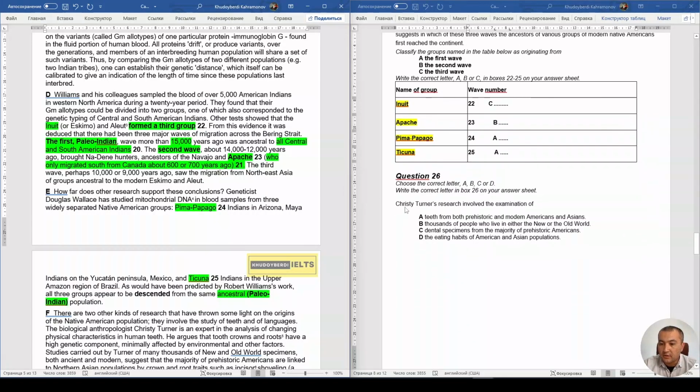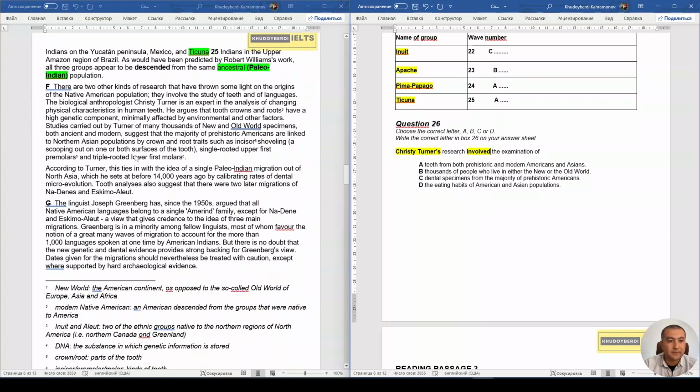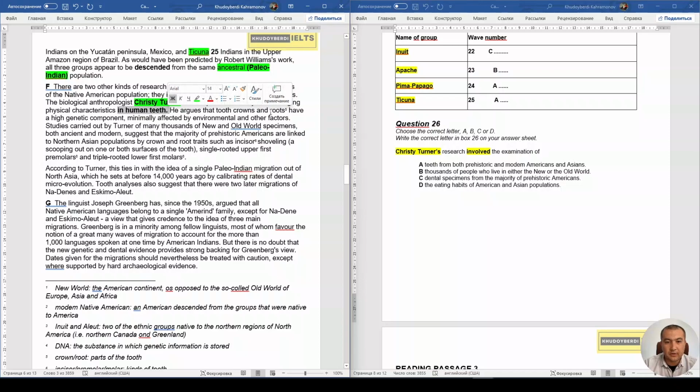And Christy Turner's research. So we have the name involved. Involve means a relation between things, based on something, belonging to something, about something. Biological anthropologist Christy Turner is an expert in 3D analysis of changing physical characteristics in human teeth, and he argues that tooth crowns and roots have high genetic components minimally affected by environmental and other factors.